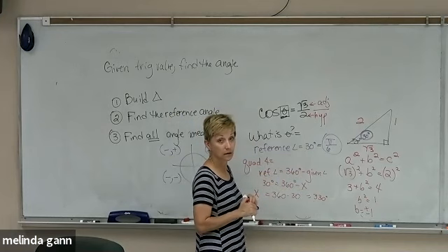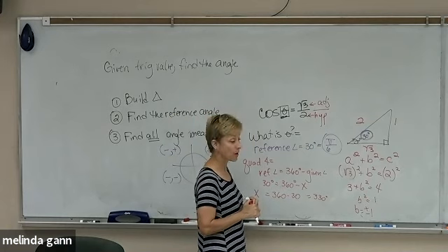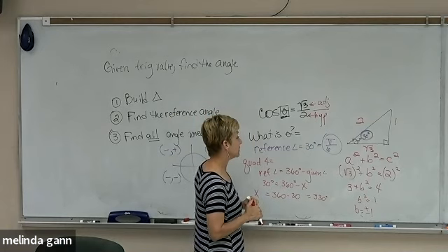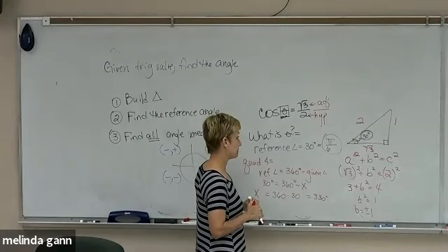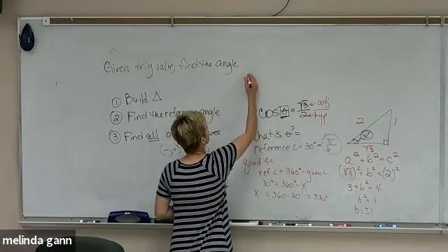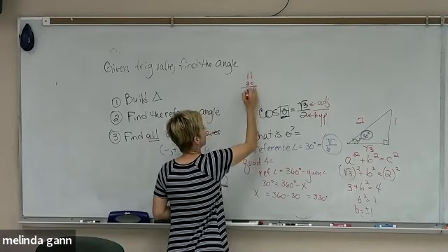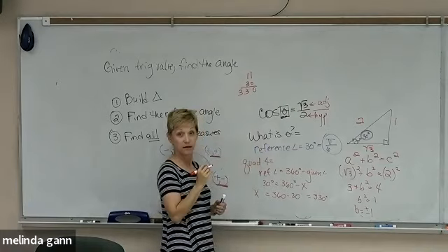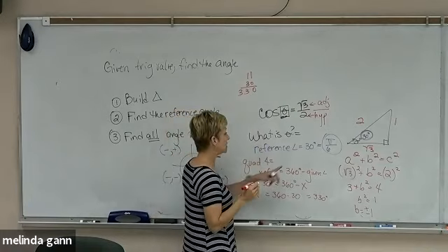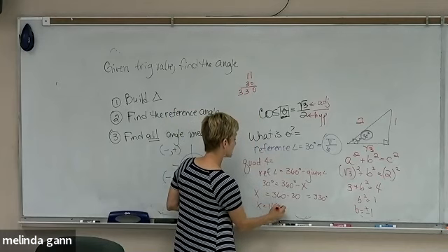Everybody okay? All right, so see if you can figure that out for me. So if I do, let's see, what's 11 times 30? Isn't that 330? So my angle's 11 times 30.